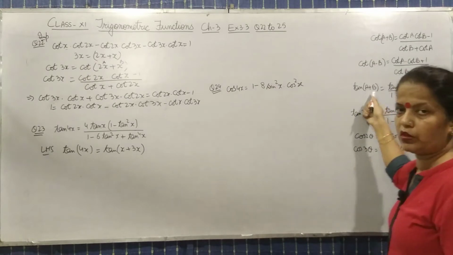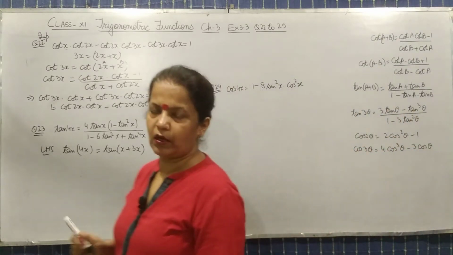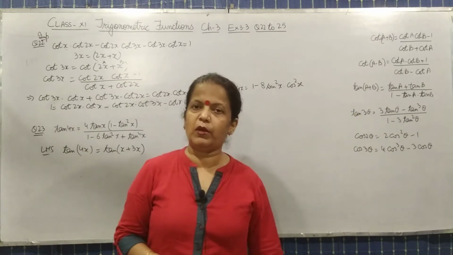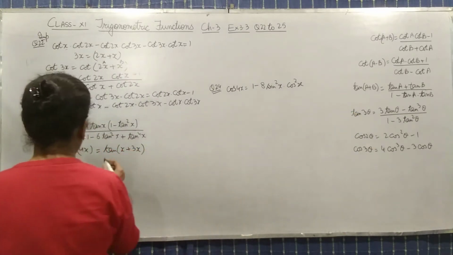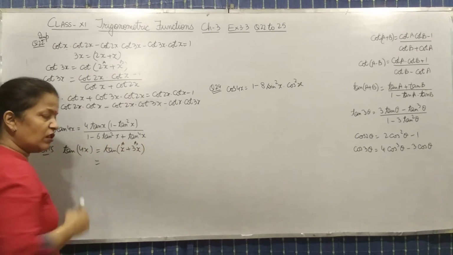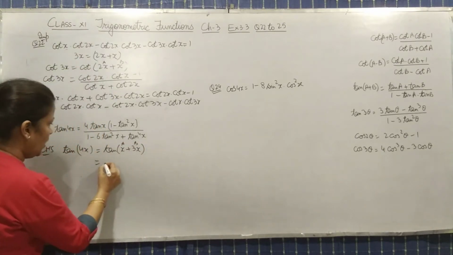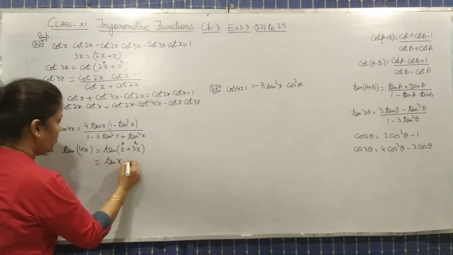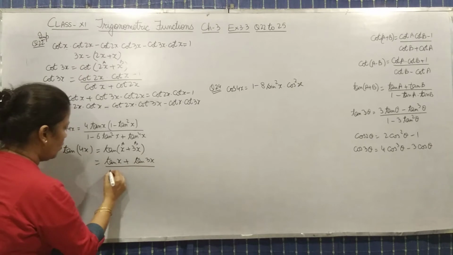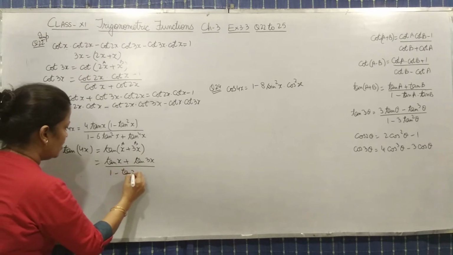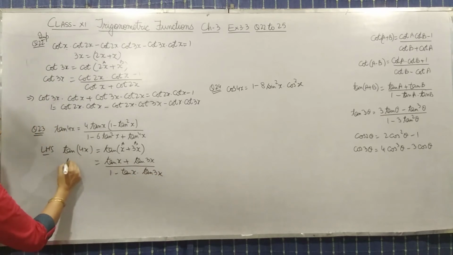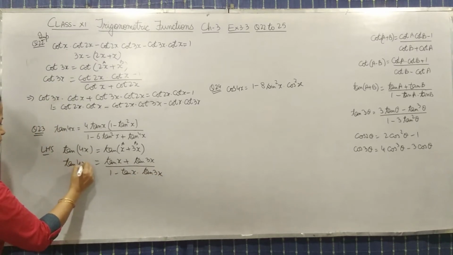Now we will use the formula tan(a plus b), which is tan a plus tan b upon 1 minus tan a tan b. This is equal to tan 4x.